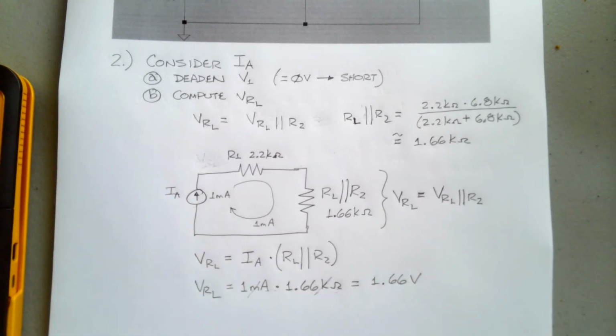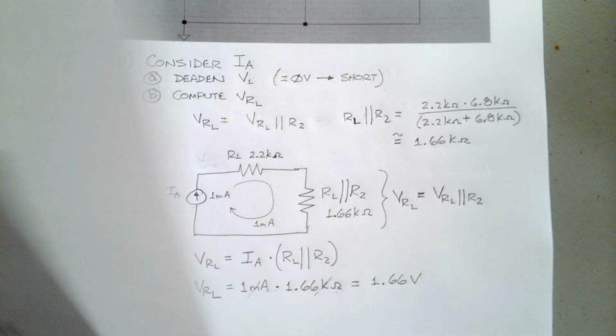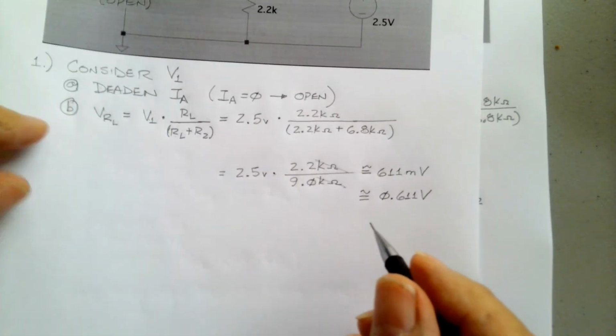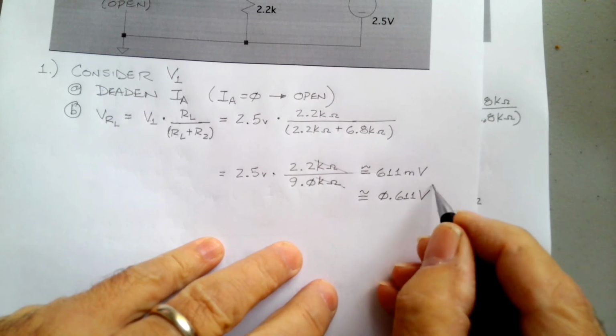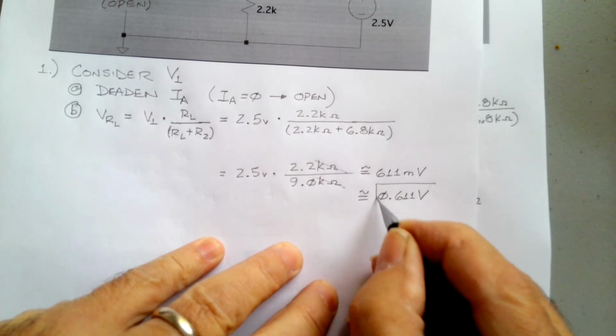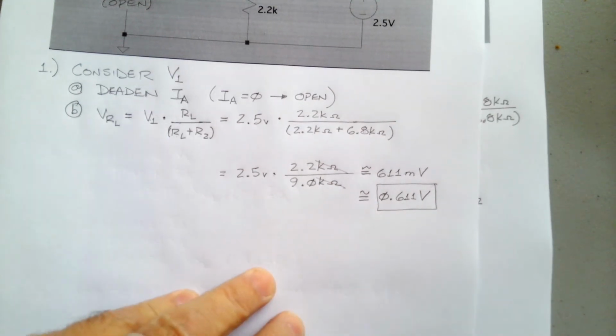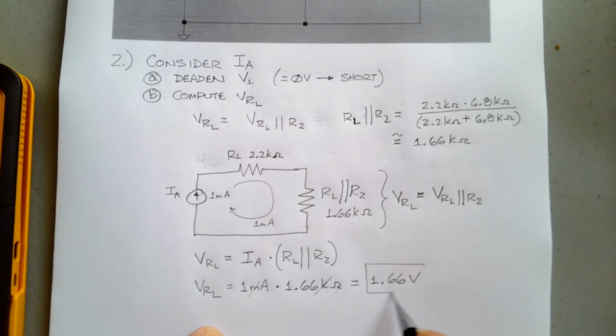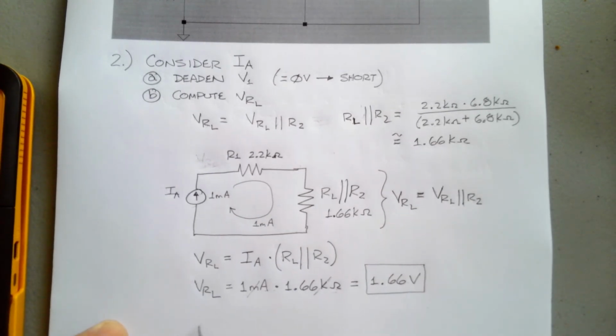Now, if we go back and look at step 1, where we considered V1, we got 0.611 volts, and here we get 1.66 volts.